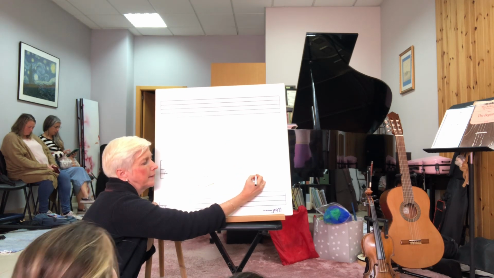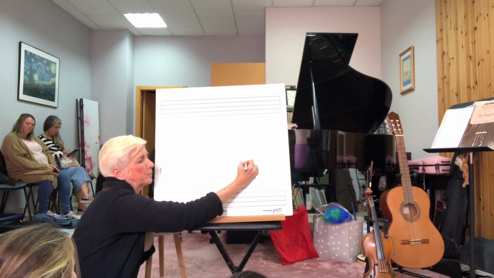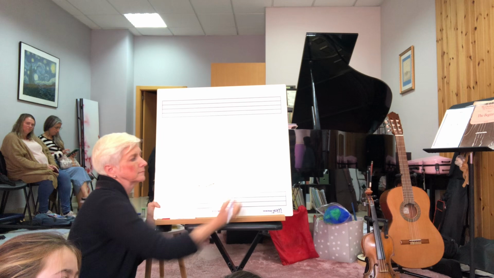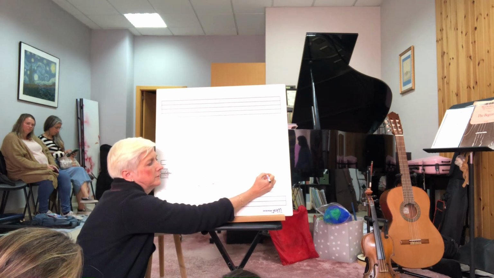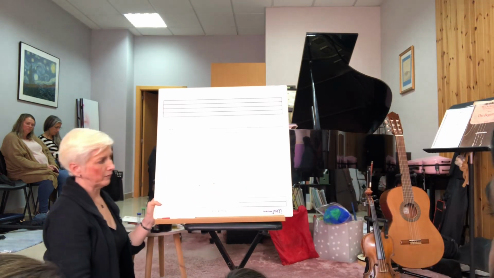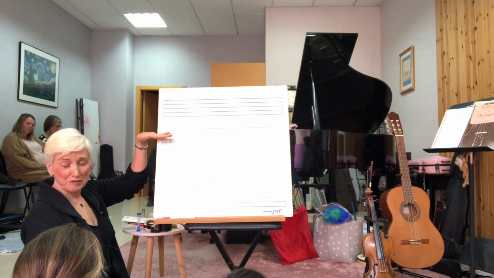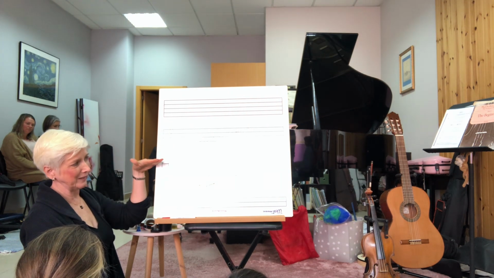If I want a major seventh, D sharp. And then if I want an octave, E. Right. So it's easy when you have the scale in front of you and you're going in order.